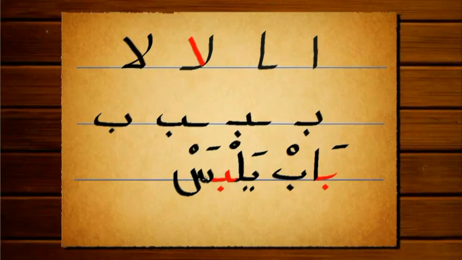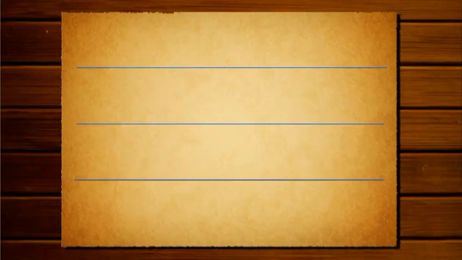And notice here the medial Ba in the word Yalbas, which means he wears in the present simple. And this is the final form of Ba, the word Jalaba, which means he brought in the past simple.